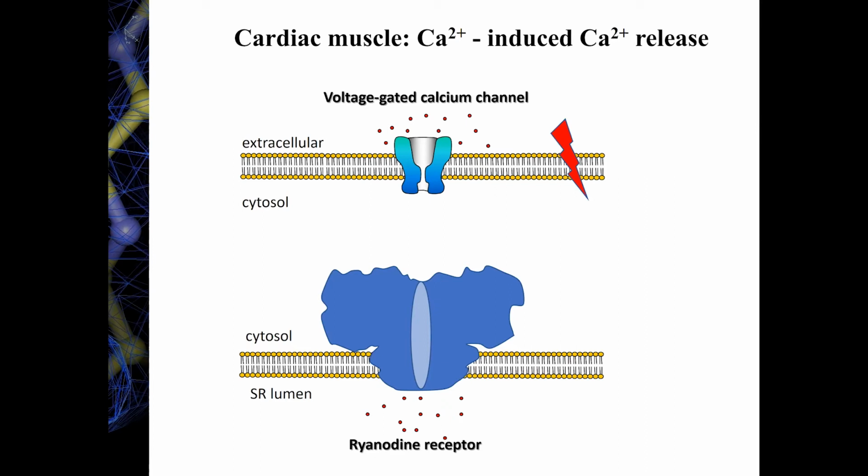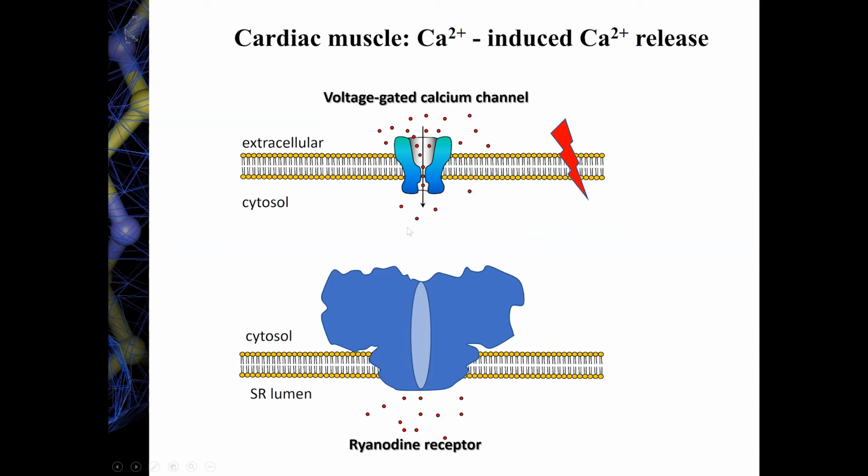So for example, in a cardiac myocyte, let's assume that on the top here, you're looking at the plasma membrane. At the bottom is the SR membrane. And at very specialized sites, these two membranes are in close proximity, and that allows functional crosstalk between various ion channels. So what will happen is that if you have a depolarization of the plasma membrane, this can trigger opening of this L-type voltage-gated calcium channel.